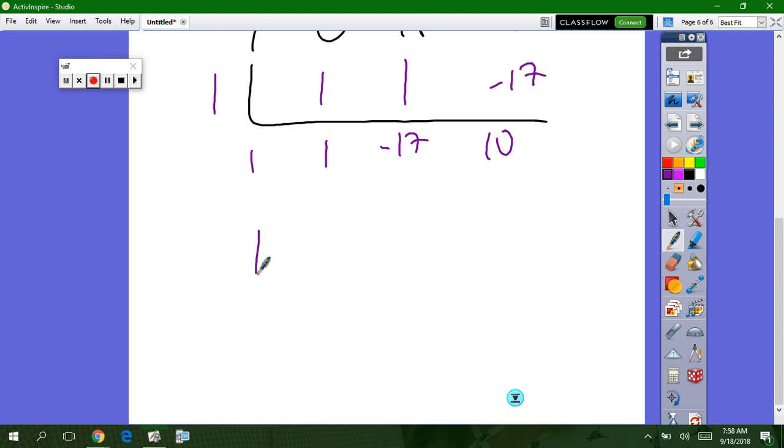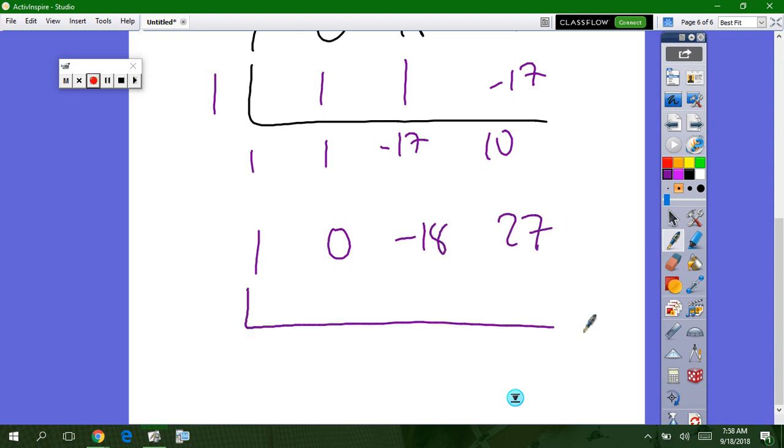Once again, it was 1, 0, negative 18, 27. Okay, let's pick 9 this time. And I might be right, I might be wrong. I'm not sure. Okay, so 9. Bring down the 1. 9 times 1 is 9. 63, right?